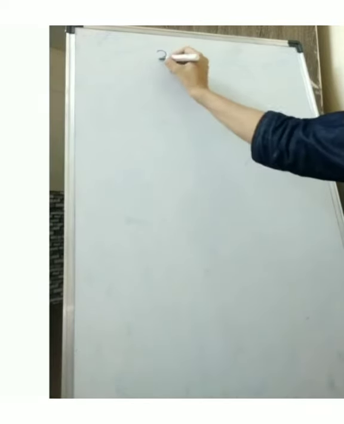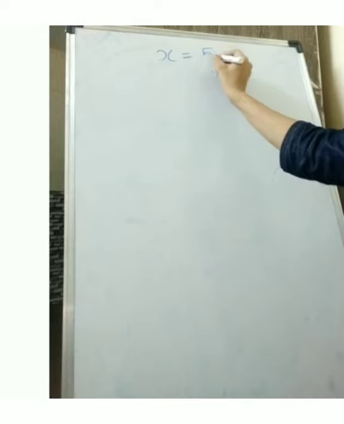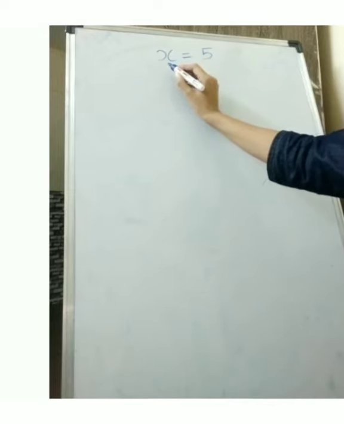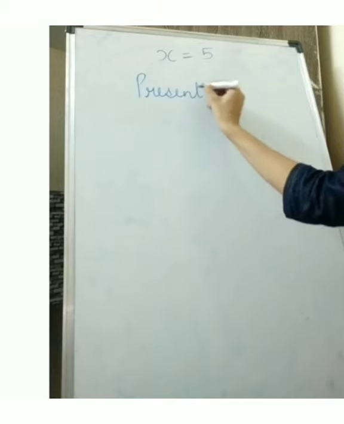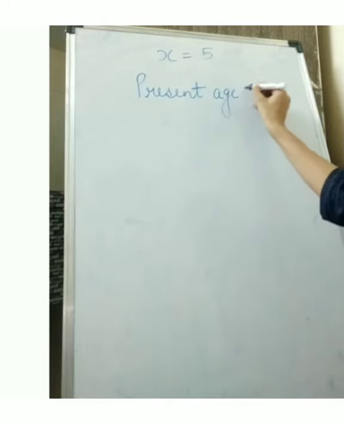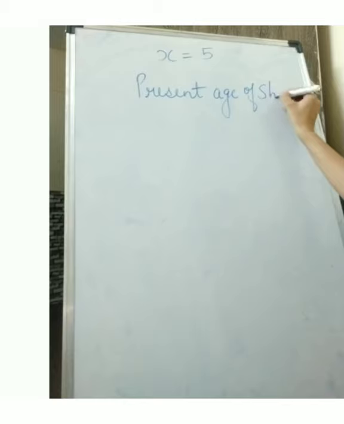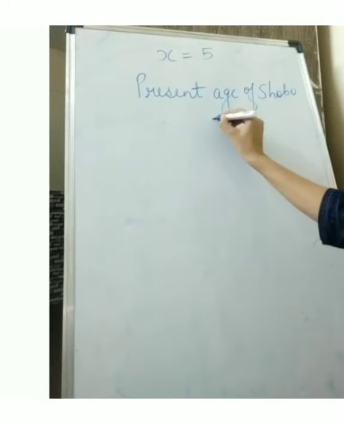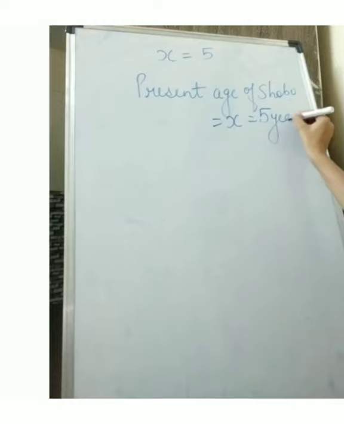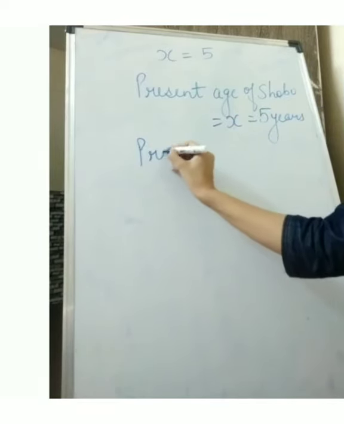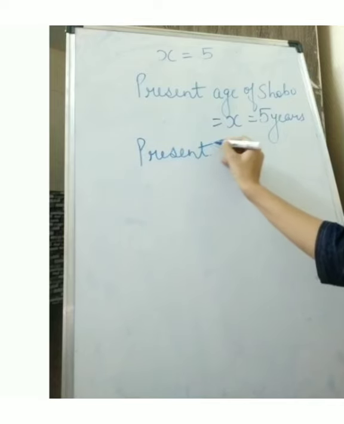Now, since x equals 5 and x was Shobhu's age, the present age of Shobhu is x equals 5 years. Now we will find the present age of her mother.